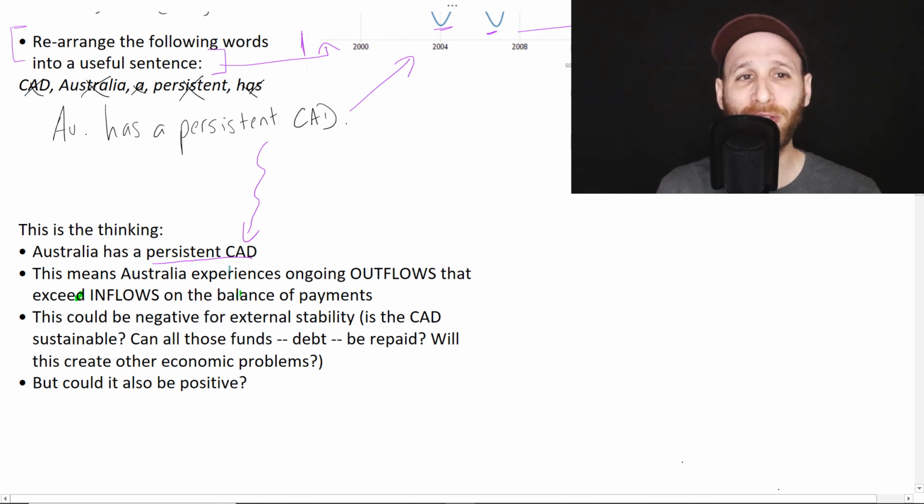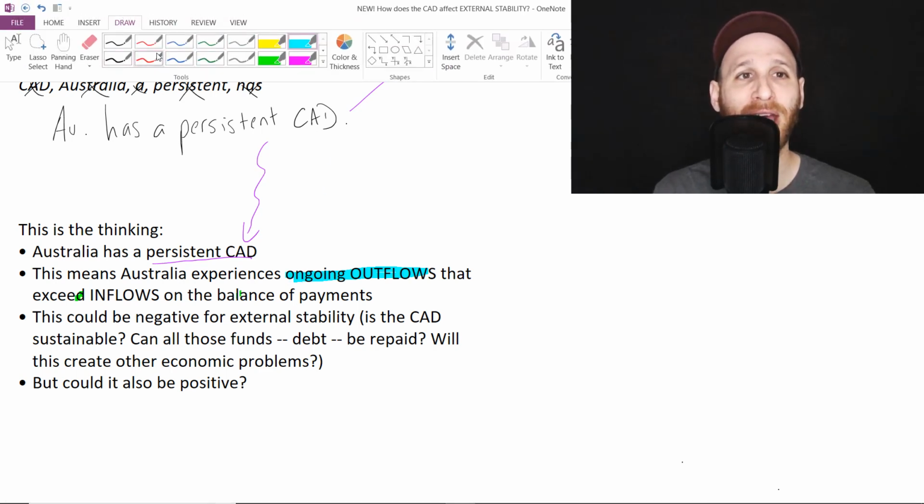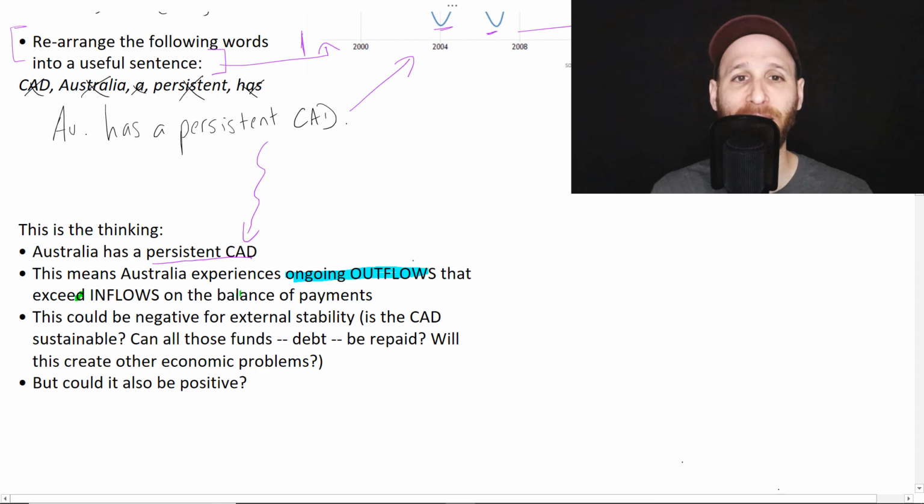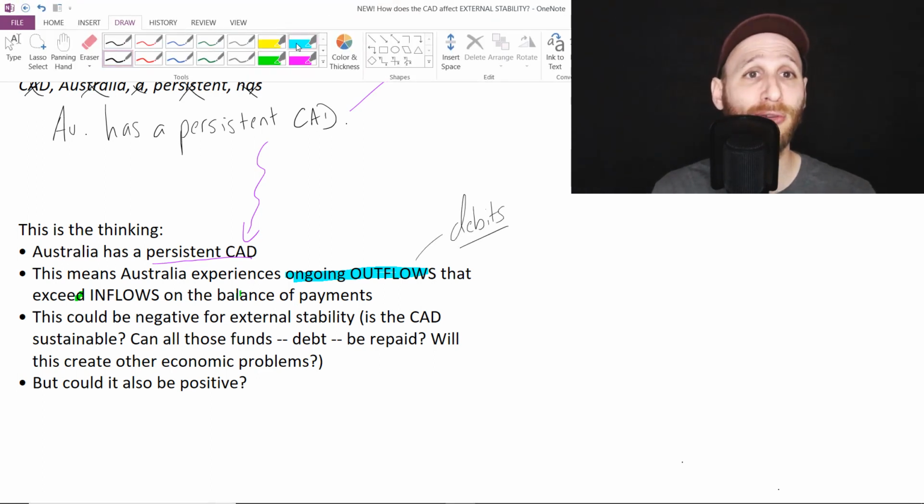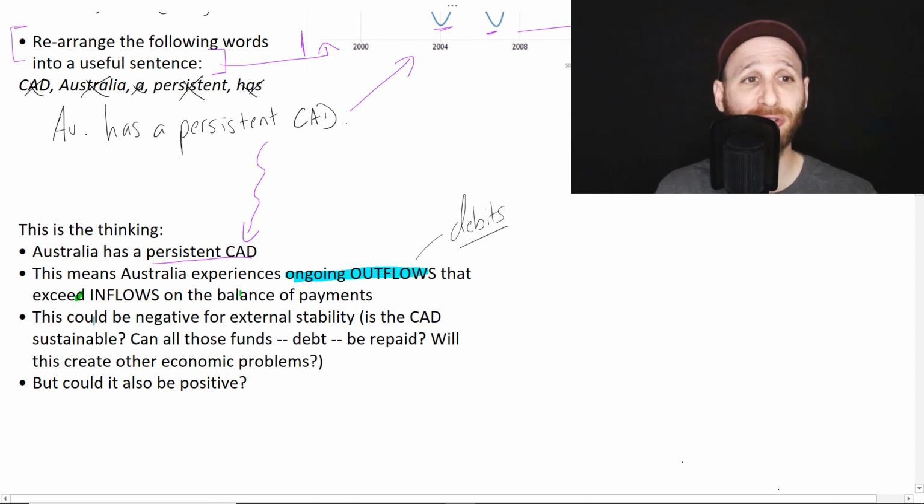What it means is that Australia experiences ongoing outflows, and when we talk about outflows, what we're talking about are debits, ongoing outflows that actually exceed inflows, right?